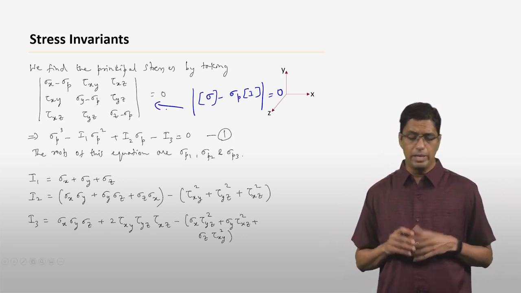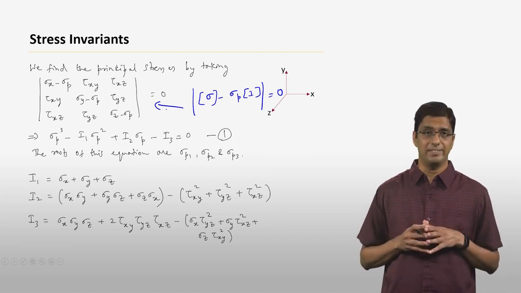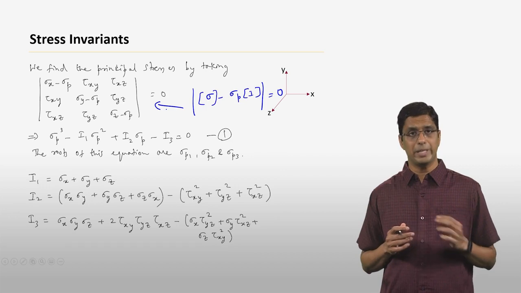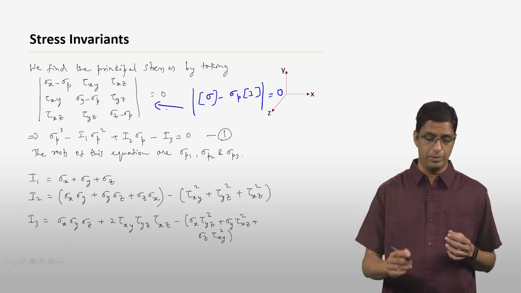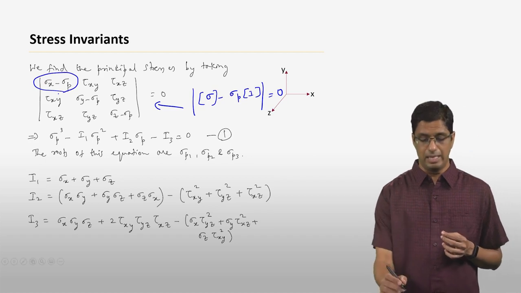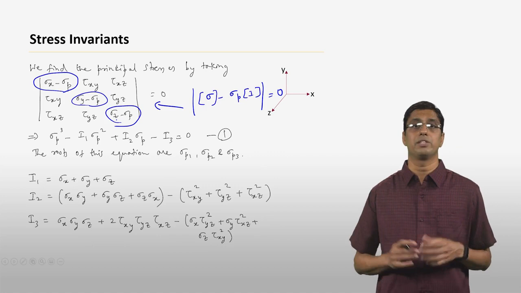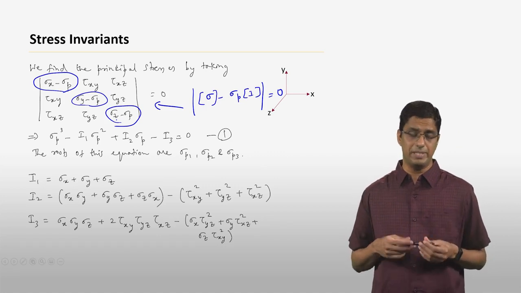Okay. So if you take the determinant of this particular matrix, what you will find is that you will end up with a cubic equation in sigma p. If you think about the first term in the determinant, it will be sigma x minus sigma p times sigma y minus sigma p times sigma z minus sigma p. So essentially you will get a cubic term in sigma p just because of that.